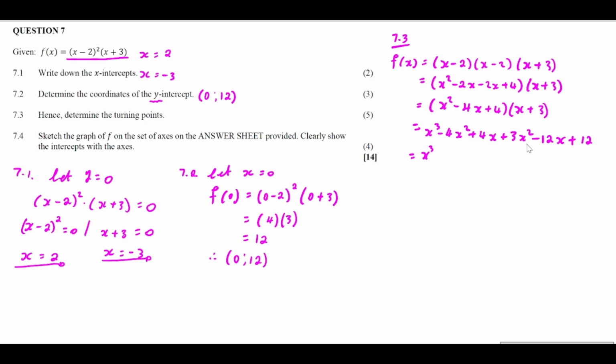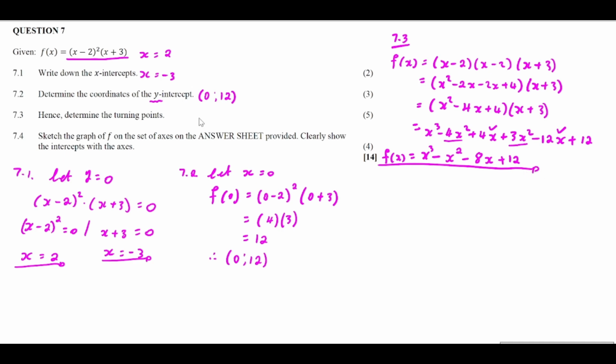Then with your like terms, 3 minus 4 gives us minus x to the exponent of 2, and then 4 minus 12, you can use your calculator, but I think it's going to give us minus 8. So we're going to have minus 8x, and lastly positive 12. So this is our f of x in standard form.